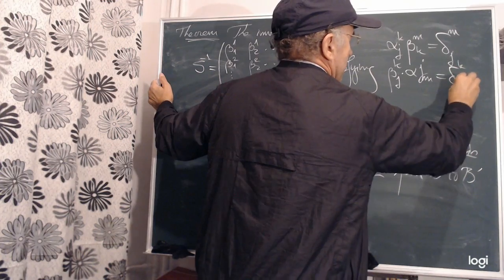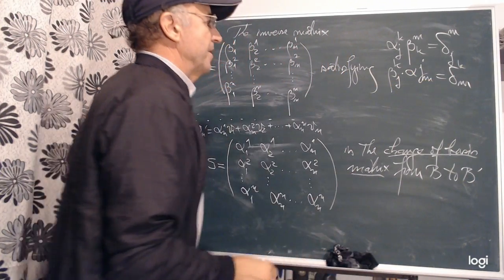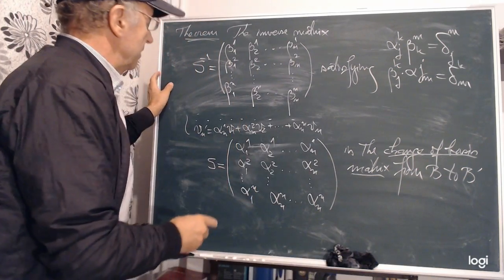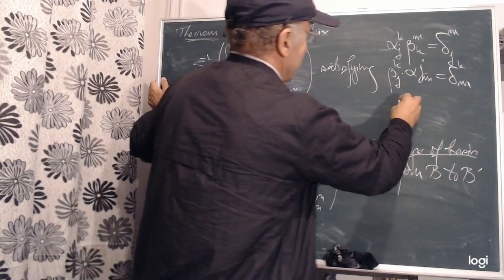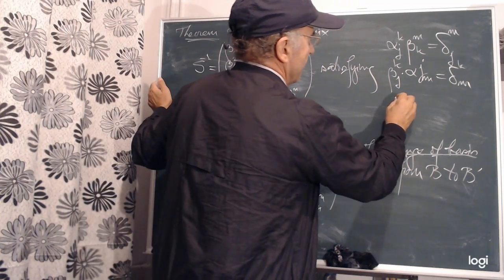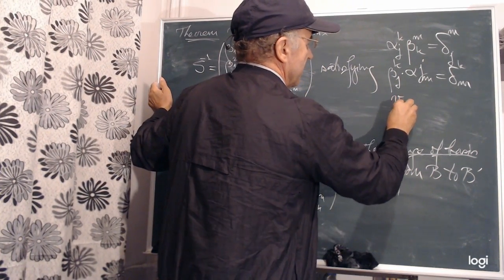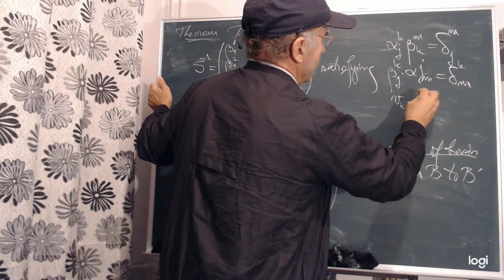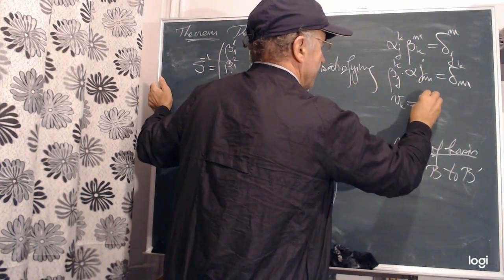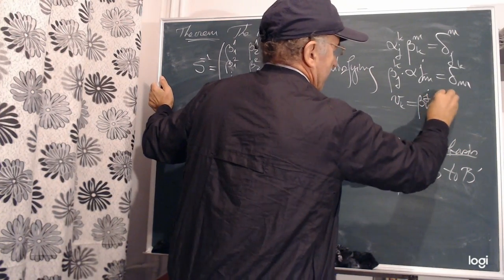We have here a sum with respect to j. And here the vectors of the old basis: vk equals beta kj v prime j.